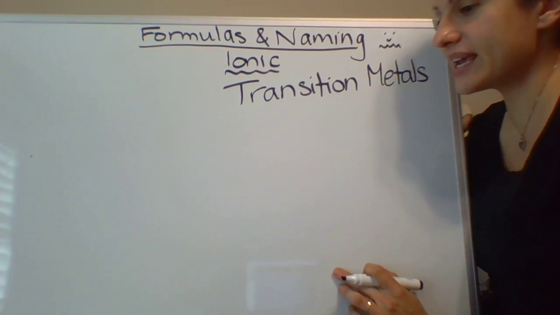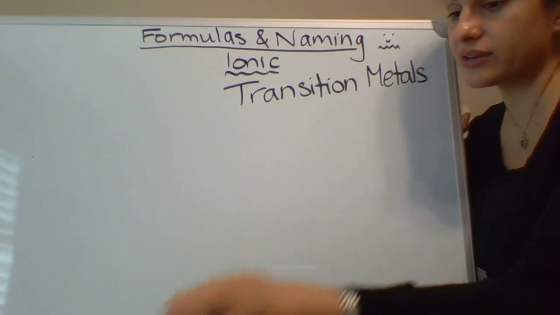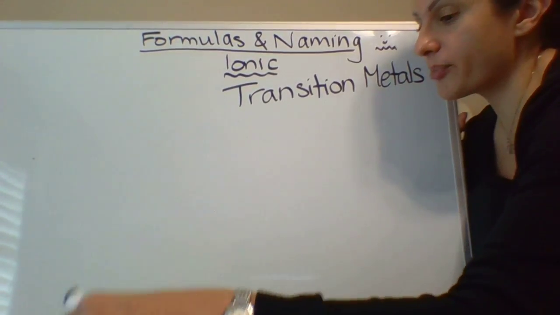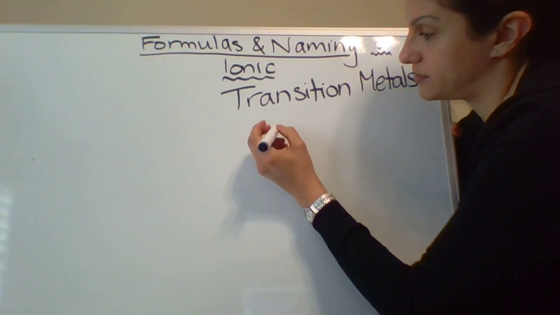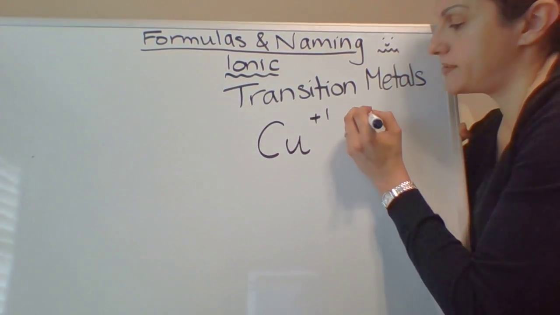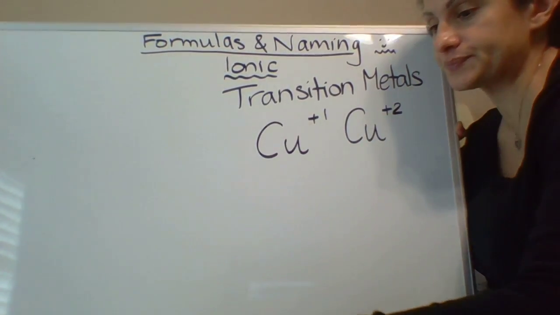So let's take, for example, copper. Copper is one of those metals that can have more than one charge. And copper can have the charge of +1 or +2. Okay?